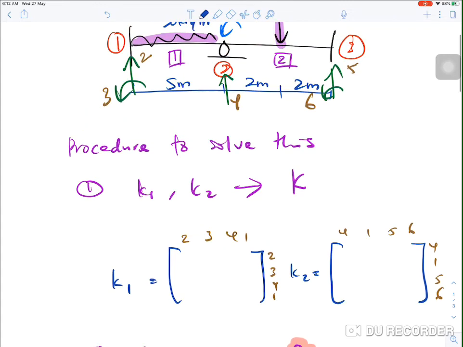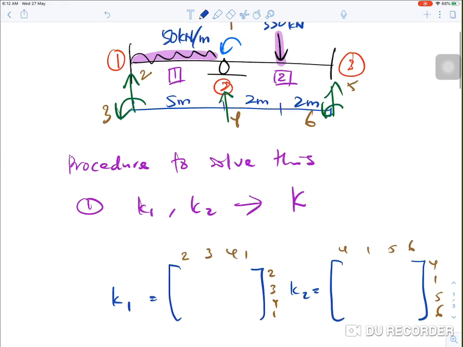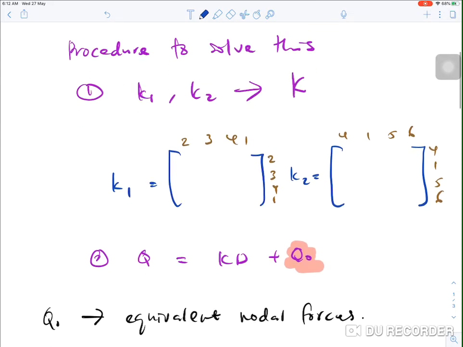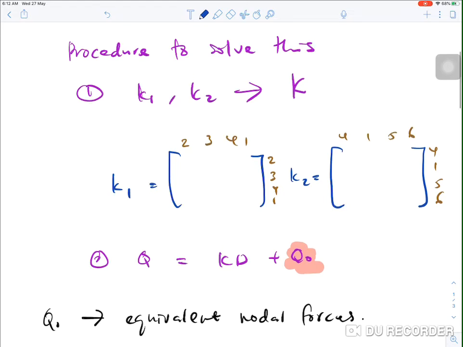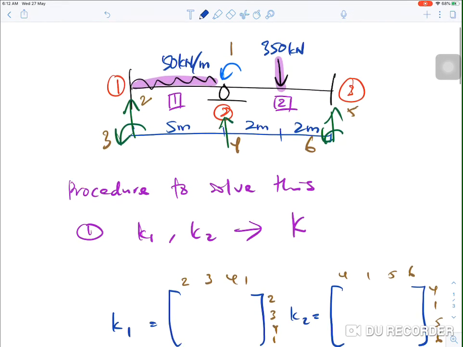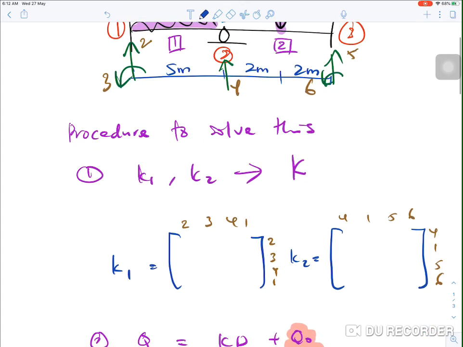Remember, we have to label the degree of freedom according to near to far end. Since for a beam there are 2 degrees of freedom in y and z direction, we label as near yz, far yz. So for K1 it will be 2, 3, 4, 1, and for element number 2 it is 4, 1, 5, 6. Okay, why is this important?